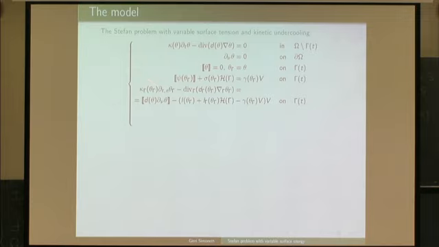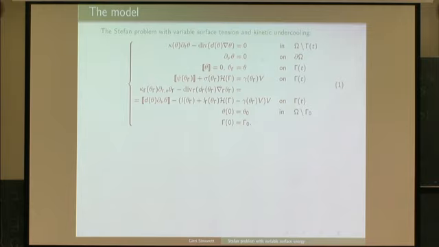Now, this is what comes out on the evolving interface, so read it as a heat equation on the evolving interface. So time derivative, and then a divergence. I will show you a little bit later what would happen if you take surface tension to be constant, and you will see a more familiar version of the Stefan problem.